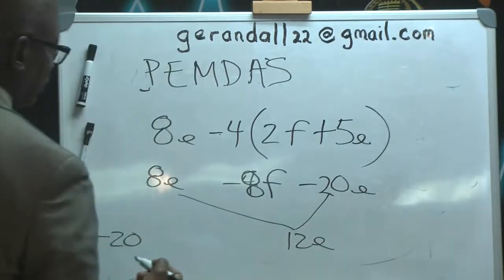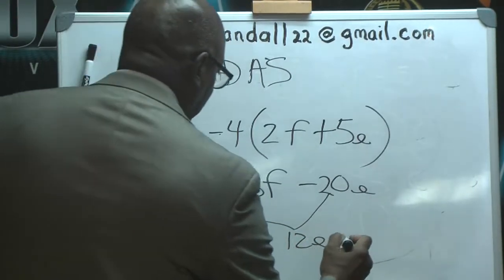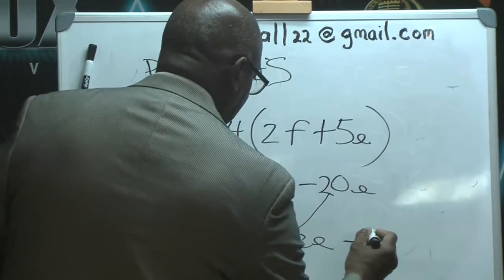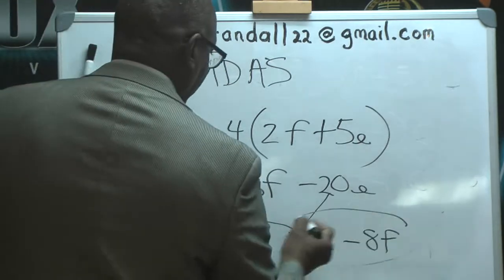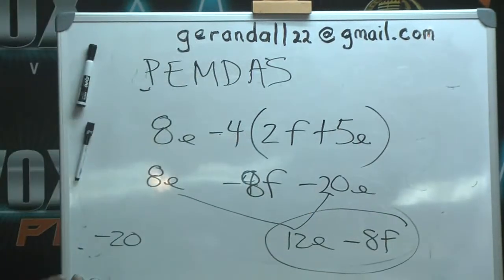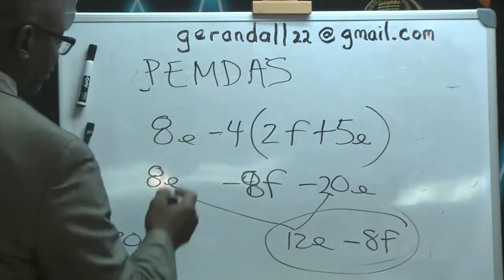And they want you to list it in alphabetical order, so in this case it would be minus 8F. Final answer. Again, no numeric answer, because we have not gotten to where we're always given values of the variables.